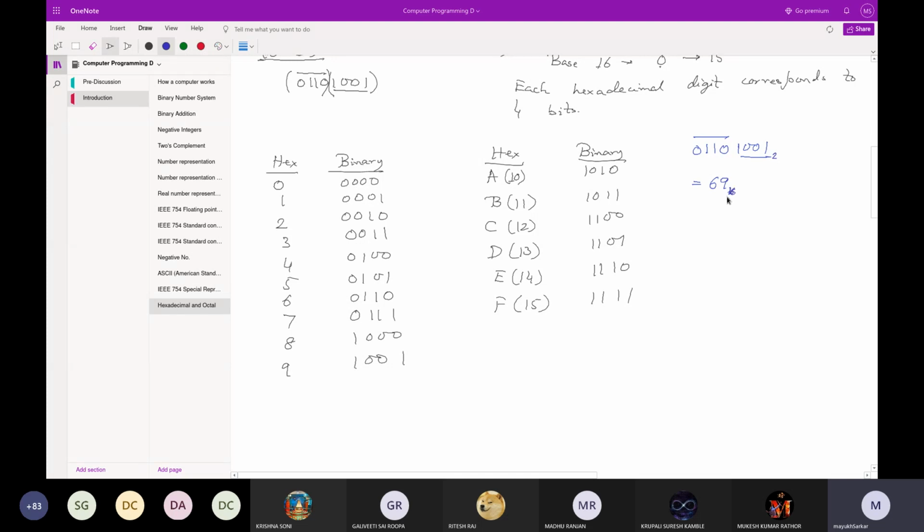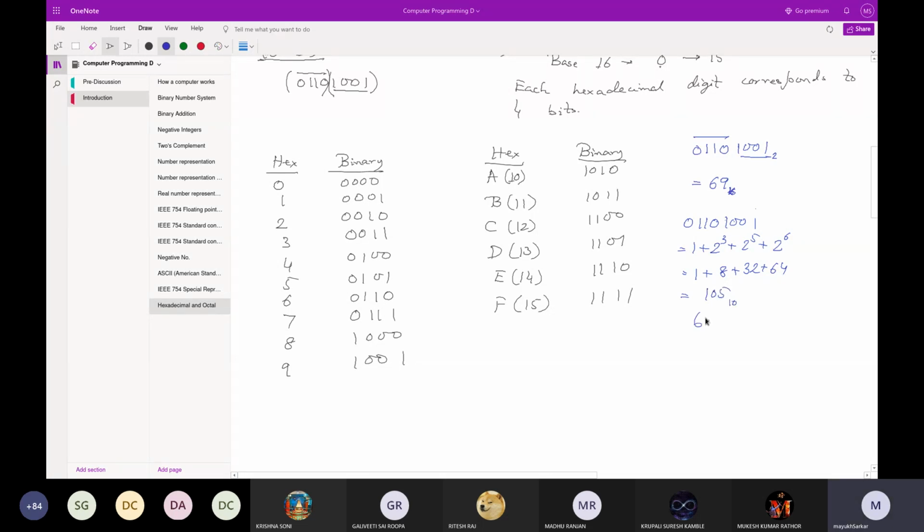Simply, if you want verification, let me show you. 0 1 1 0 1 0 0 1, that means 1 here, 0 1 2 3, so 2 cubed plus, 3 4 5, 2 to the power 5, plus 2 to the power 6: 40, 64, 104, 105.